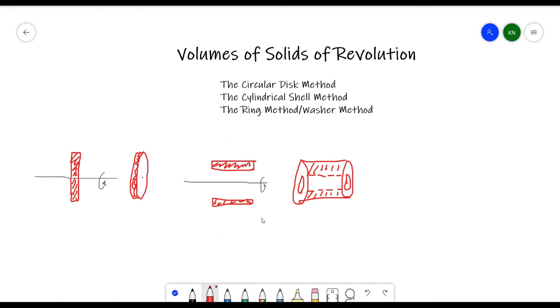The ring method or washer method is basically, I think, the combination of the disc method and the shell method. Supposing our axis of rotation is the x-axis, and our strip is perpendicular to but not touching the axis of rotation. This is our strip. If we rotate this along the x-axis, we'll have another strip down here.